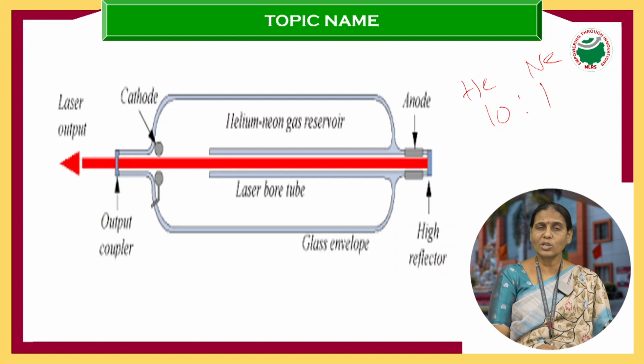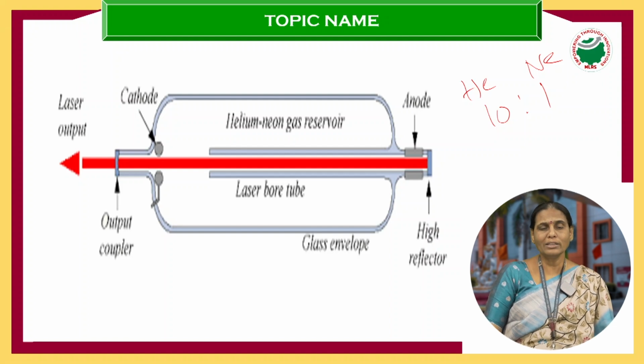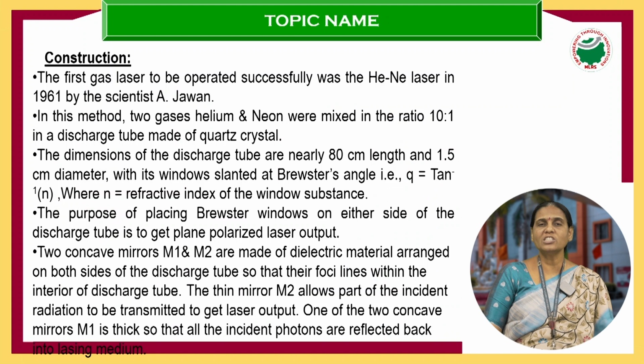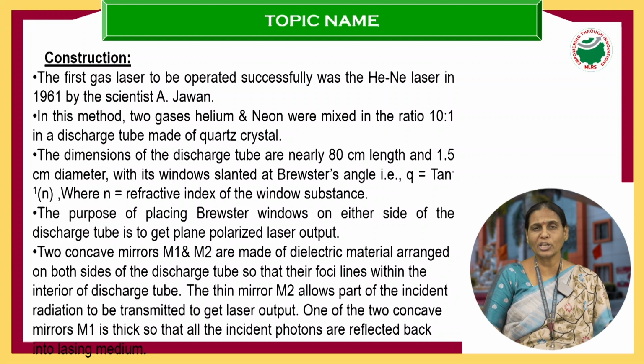This provides energy in the form of discharge. Once the discharge is released inside the glass tube, the helium ions present in the glass tube will collide with each other. Now the helium atom absorbs the energy initially, and then it collides with the neon atom.